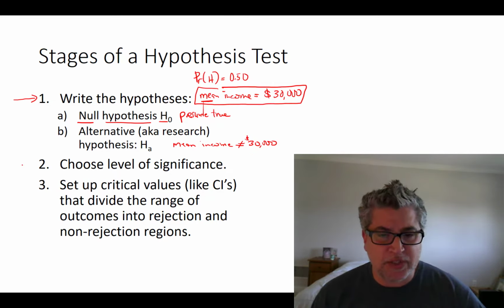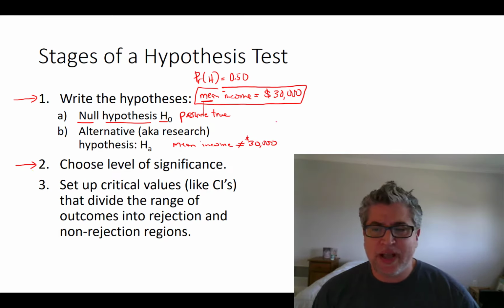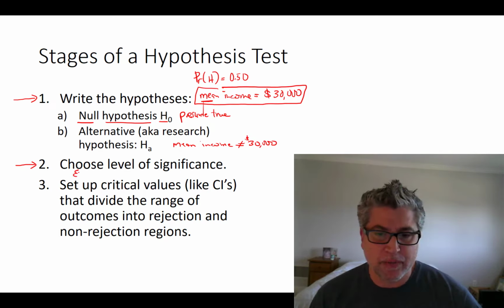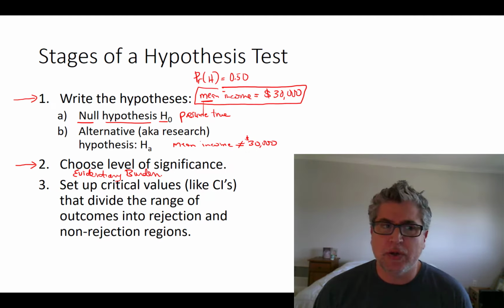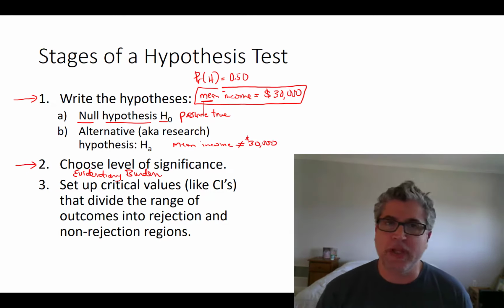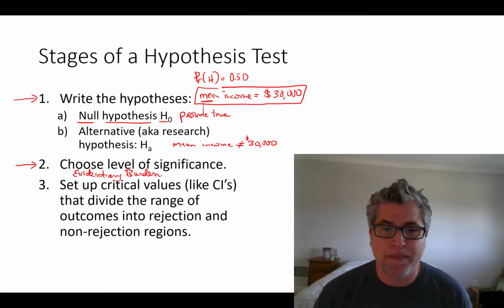The next question to ask yourself is, what is your evidentiary burden? In other words, how much evidence do you need to collect that contradicts this claim before you're willing to just throw the claim away and say that was a nonsense claim? Notice this isn't really a statistical question, or at least one that doesn't depend on any data. It's a question of like the judicial system.